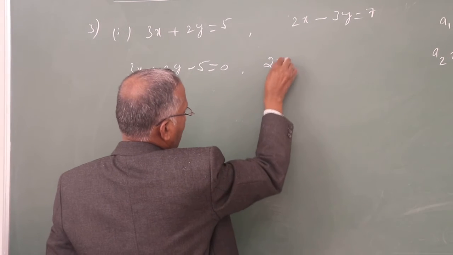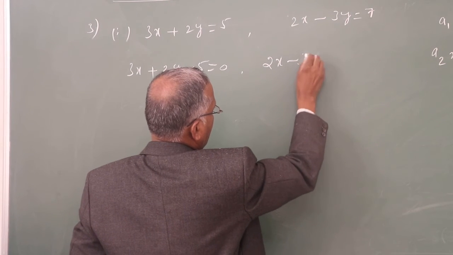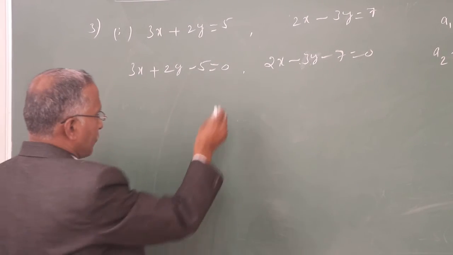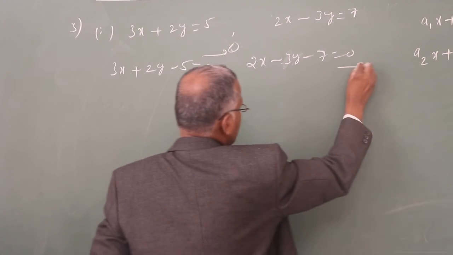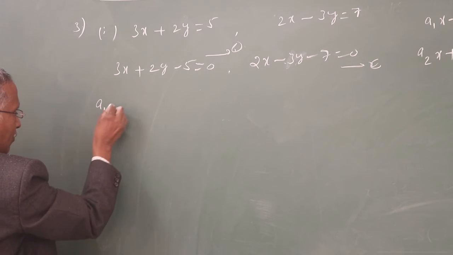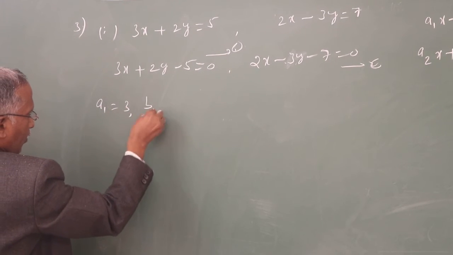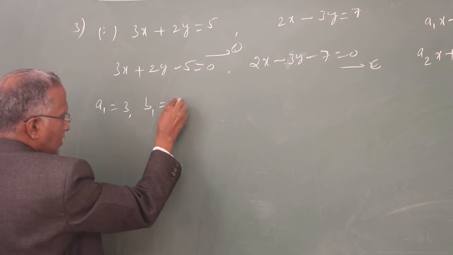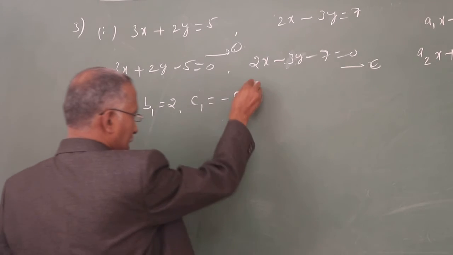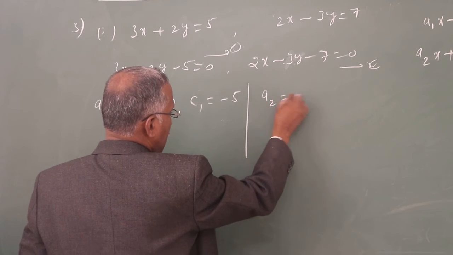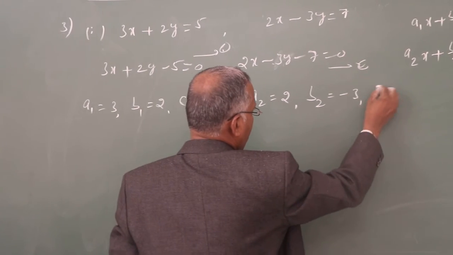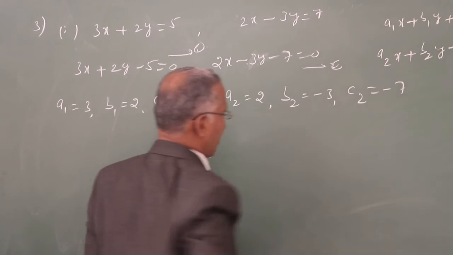Similarly, 2x minus 3y minus 7 is equal to 0. If you take this as the first equation, this as the second equation, a1 is equal to what? Coefficient of x. Therefore here a1 is equal to 3. b1 is equal to coefficient of y, 2. c1 is constant term, minus 5. In the second equation here now, a2 is equal to 2. b2 is equal to minus 3. And c2 is equal to minus 7.